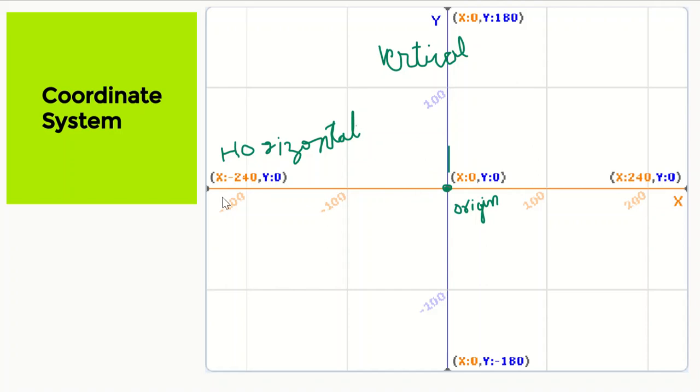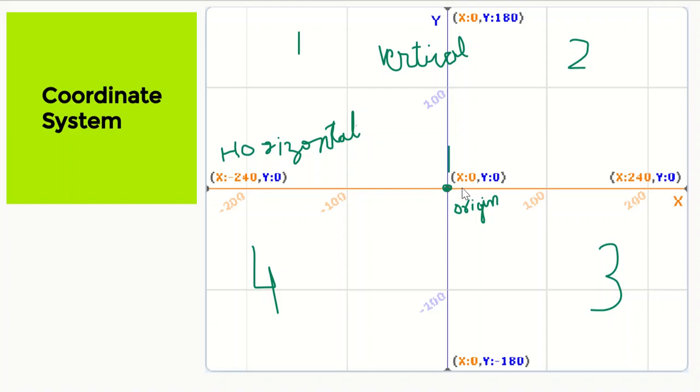You can see that this horizontal line and vertical line have divided the whole stage into four boxes: 1, 2, 3 and 4. The point where these two lines meet is known as the origin or center.